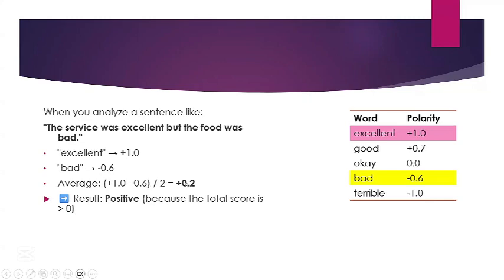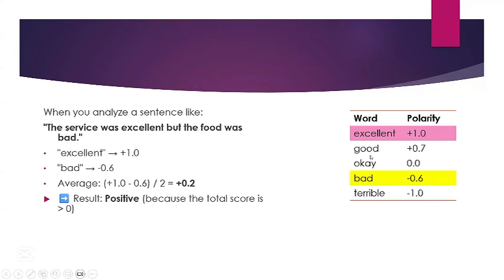So the average is 0.2. We can understand that this is a positive sentence, but the positive rate is very low, very near to zero, because the statement mentioned that the food was bad. Even though the sentence is a positive one, the score is very near to zero.